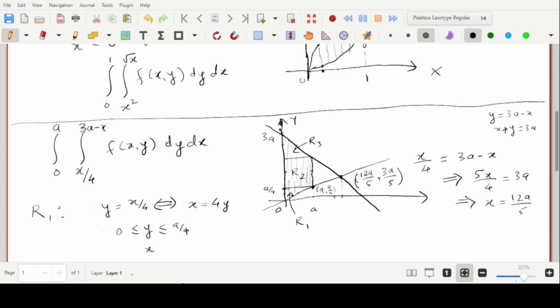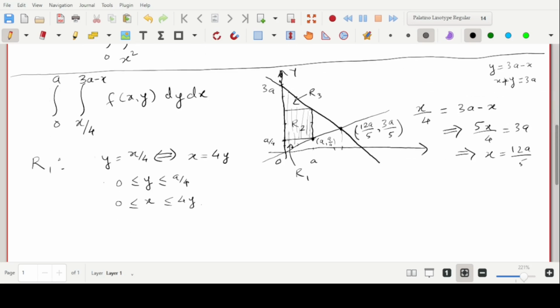Remember that now we have to express x in terms of y. So x is now varying from 0 to 4y. Okay, good. Alright, so now this is about R1.